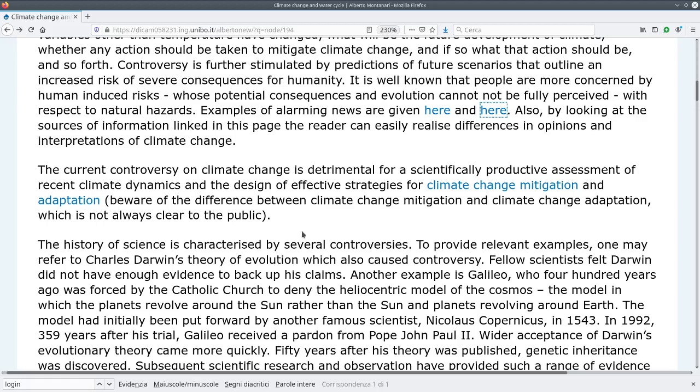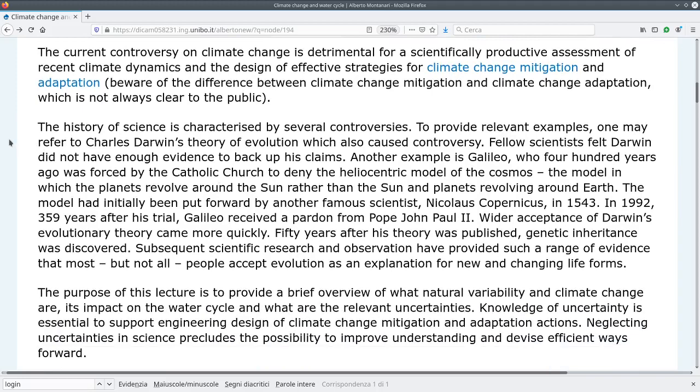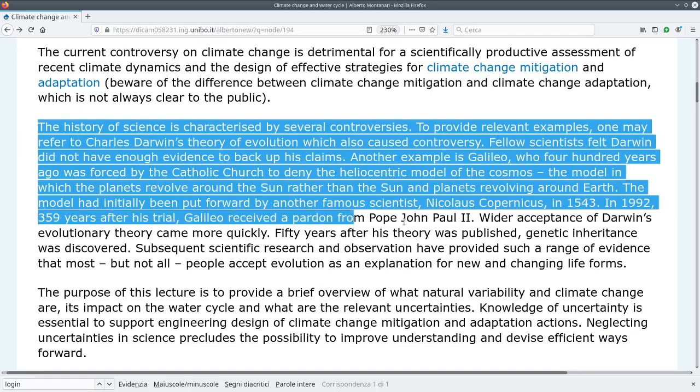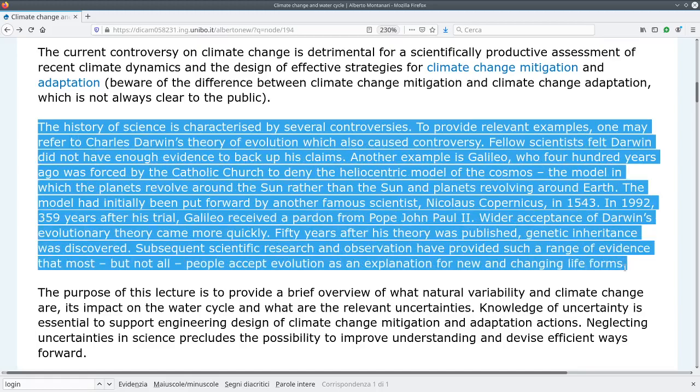And this is also a scientific controversy. I think it is unfortunate, but on the other hand, it's not the first time. Here there is a paragraph where I show that the history of science is characterized by several controversies, and they are extremely interesting to know and to study.